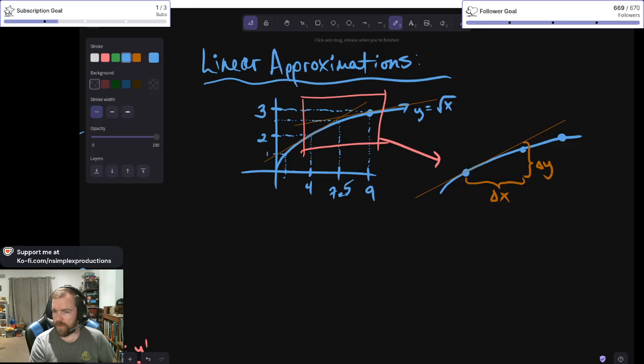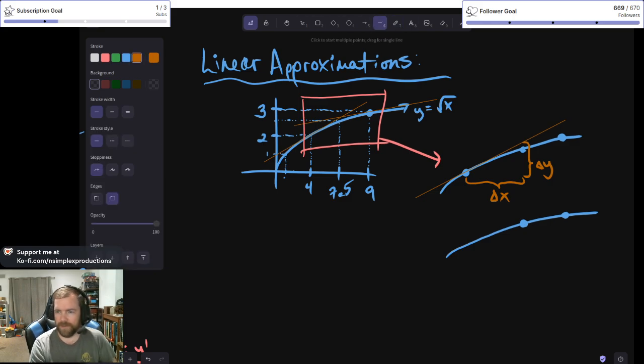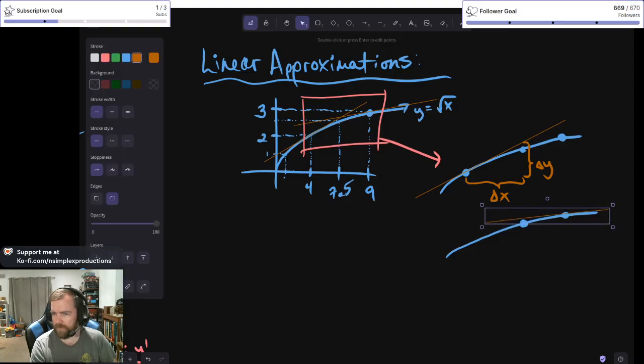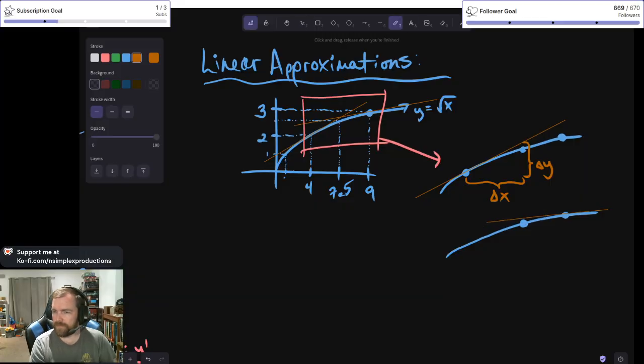Coming from the other way, right? That one, and here. Don't do that, I don't want a curve. There we go. Okay, close enough.